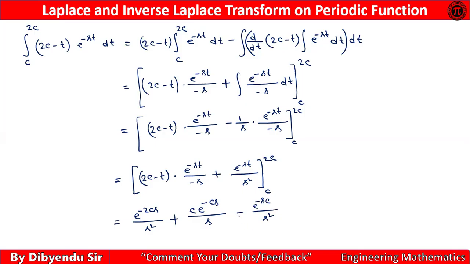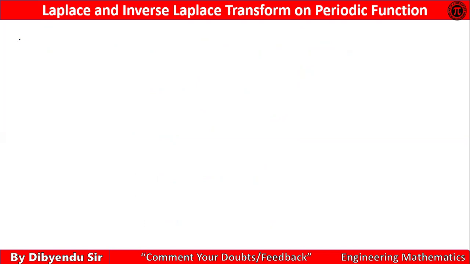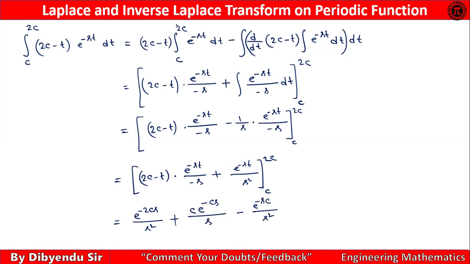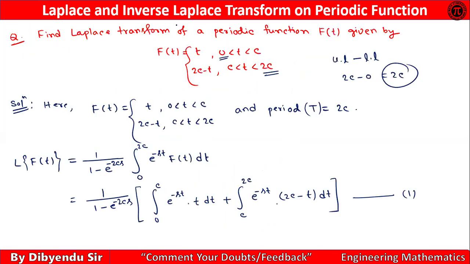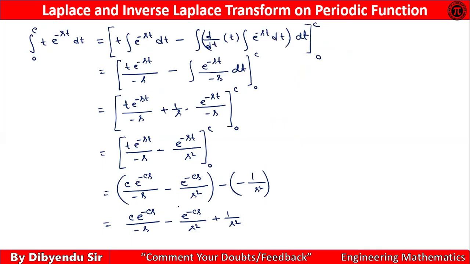Now put these two values in equation number 1. So Laplace of f of t is equal to 1 by 1 minus e to the power minus 2cs into, this is our equation number 1. The first integration value is c e to the power minus cs, just put this value.